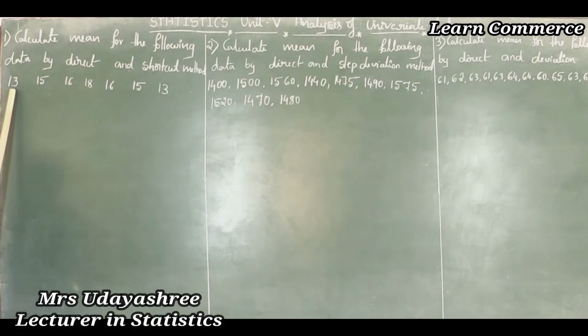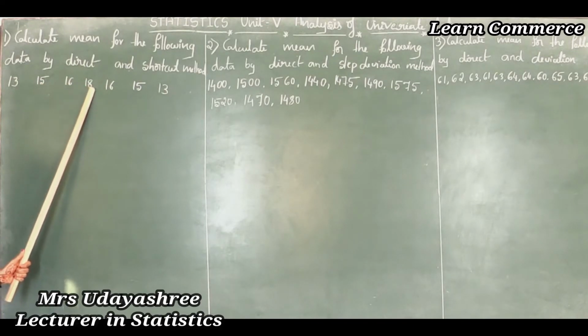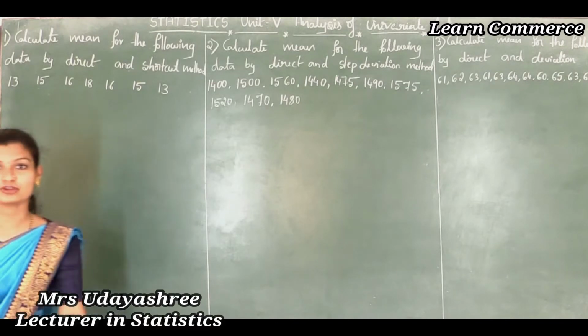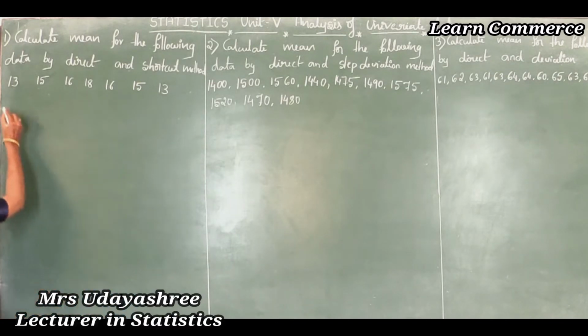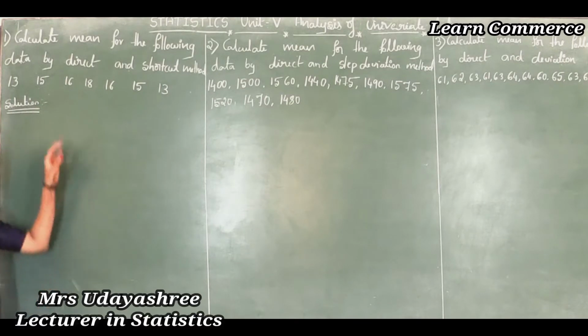So here the given information is 13, 15, 16, 18, 16, 15 and 13. Okay, let's see the solution part. These are the given observations.